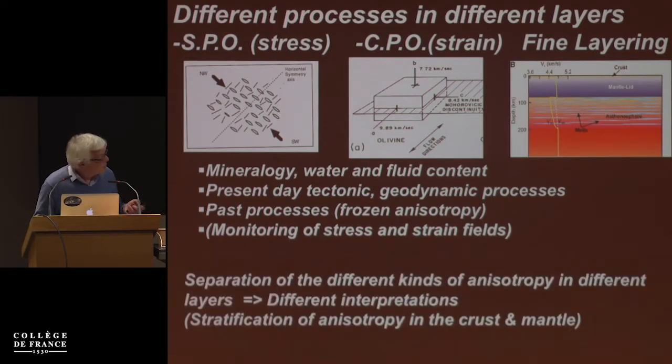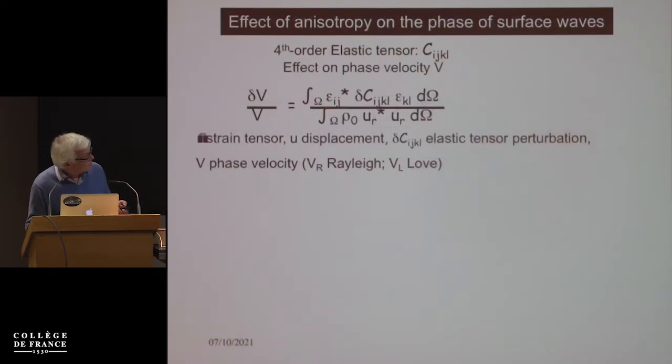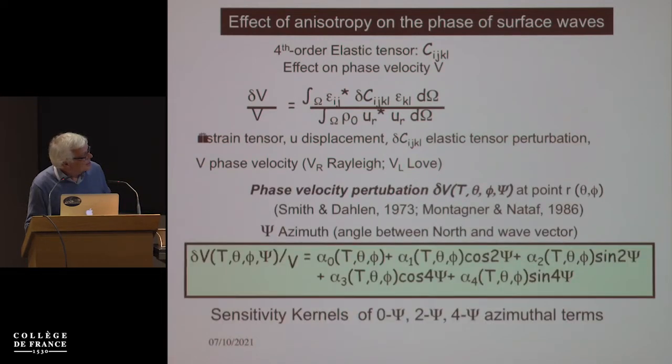Okay, so as I told you, the main difficulty is to separate these different kinds of anisotropy, and so we can have different interpretations. It's good when we have different interpretations, a lot of debate, which is quite nice. And I will show only one transparency about the theory. I don't want to detail the calculation, but very often students are scared because we have to use a fourth order elastic tensor, C_ijkl, and so we have to make these complex tensor products.